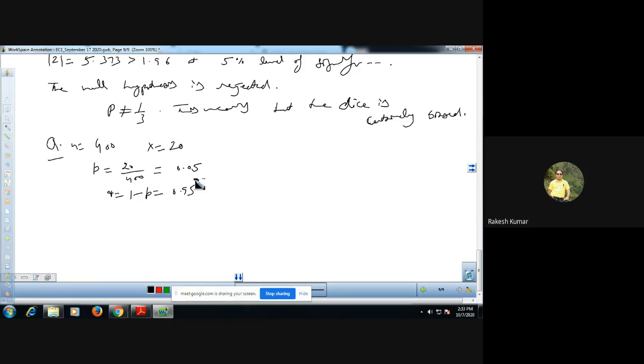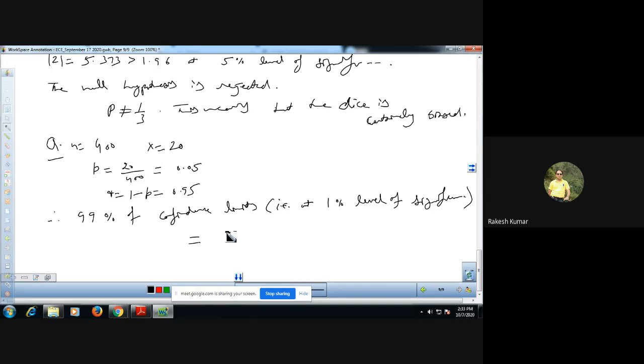Now, for the confidence limit, you can straight away find it out. There are two types of confidence limits. 99% confidence limits: 99% means out of 100, 1 is left out, that is, at 1% level of significance.